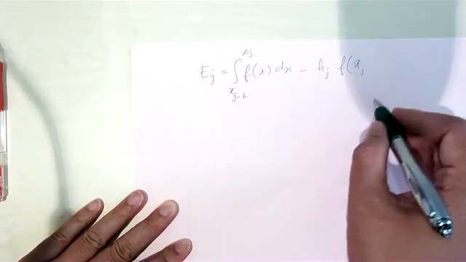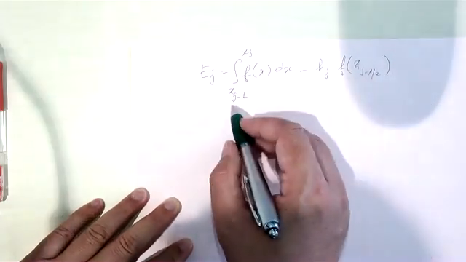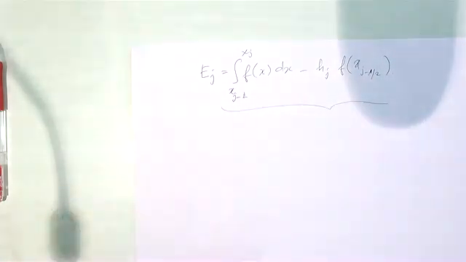But remember, if you have only one interval for the midpoint rule, we have this formula.